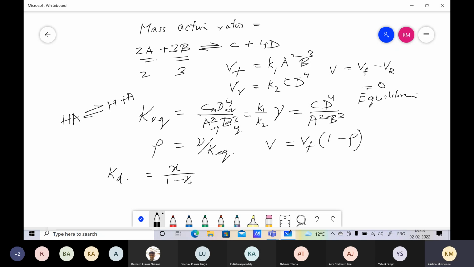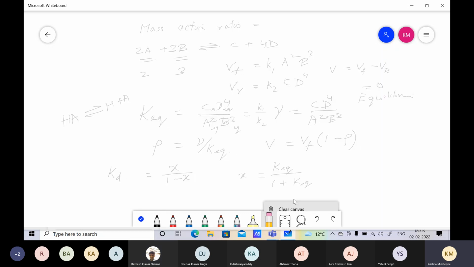And I want you to think about why I wrote 1 minus x, and not something more complex. This is of course for the special case when there is a lot of water in the reaction and so on and so forth. And then we could derive x as equal to K equilibrium upon 1 plus K equilibrium. That is what I did, right? Anyway, so I will just rub this out and we get back to the actual thing.